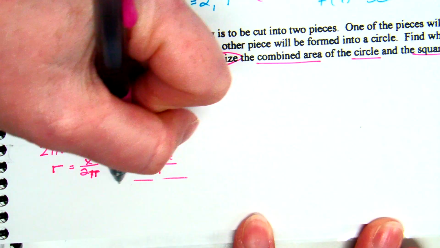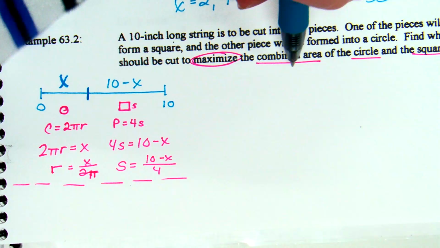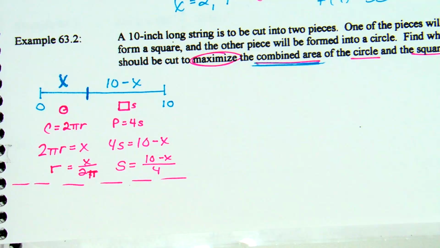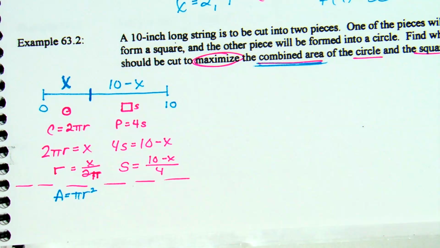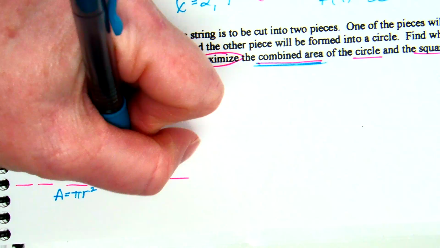Okay. Now, the whole idea is that we are maximizing combined area. What do you know about the area of a circle? There's that pi r squared. What do you know about the area of a square? If we're using that s, it's s times s.